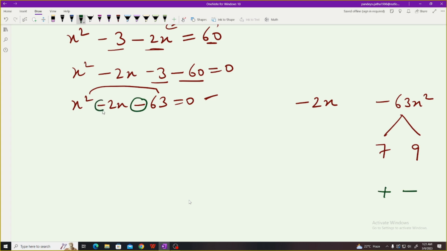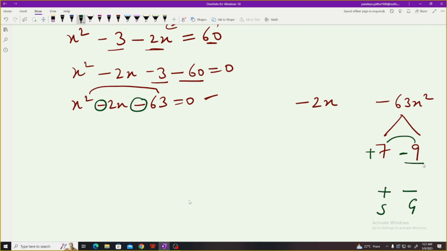And since the middle term is negative, the greater number should be negative and the smaller number should be positive. So here 9 sevens are 63.